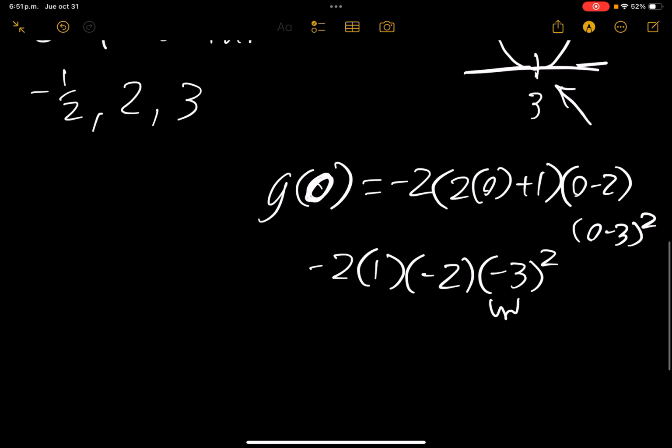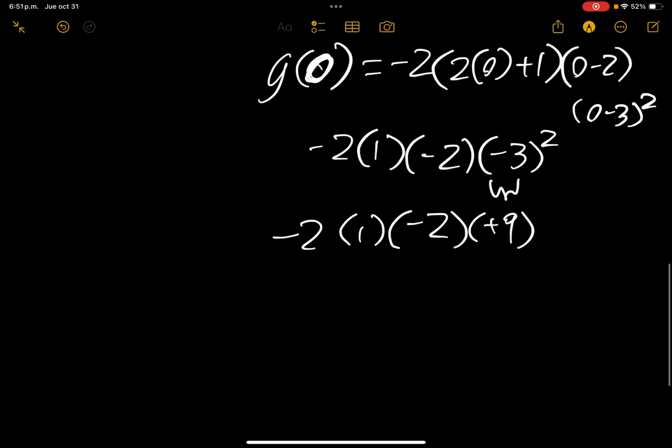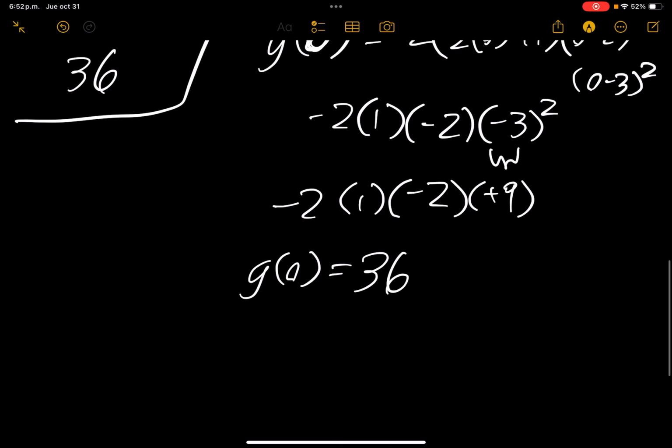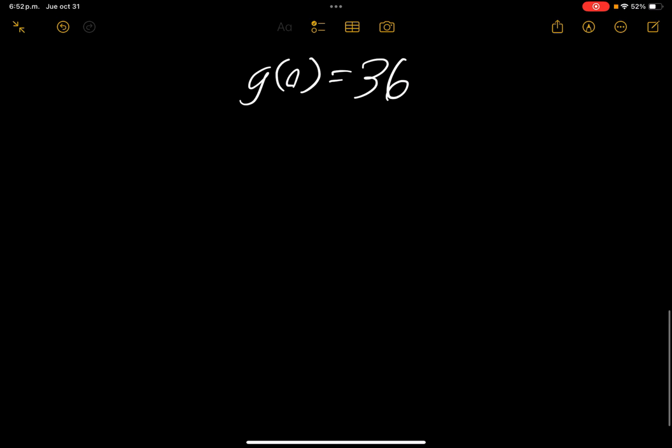That's +9. I shouldn't have put a parentheses there. So, -2 times -2 is +4. +4 times 9 is 36. So g of 0 equals 36. And so for the vertical intercept, we write 36. There are other ways to figure it out, but that's how it works for me.